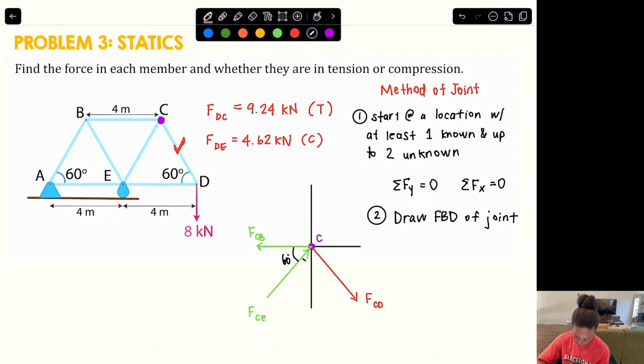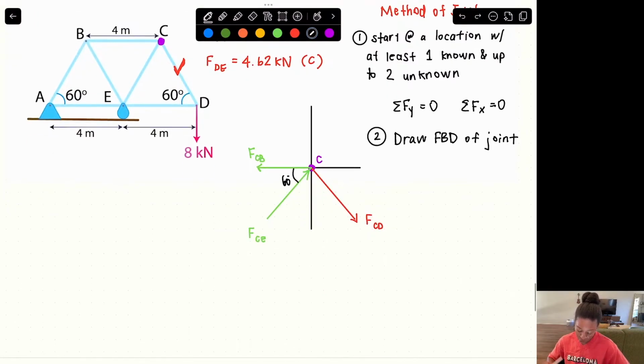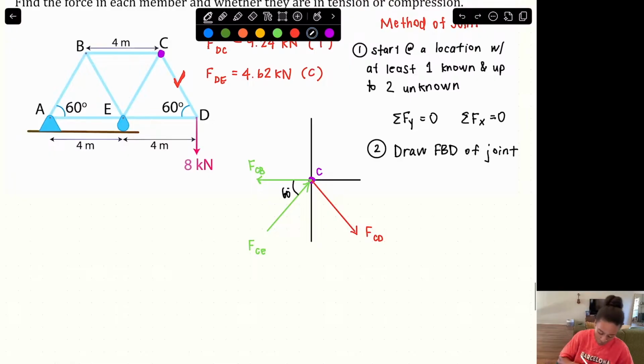So that's 60 and this is 60. Well, we don't really need that one. Okay. So, assuming that we all know how to break forces into their x and y components, now we're going to solve for our equations of equilibrium. So the third step is solve for equations of equilibrium.